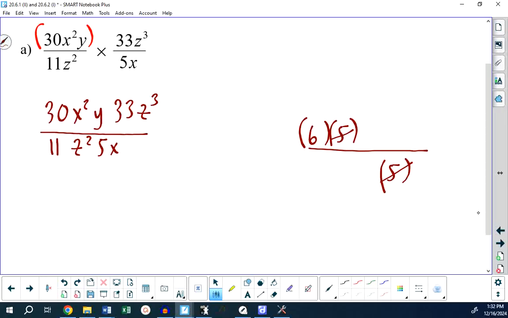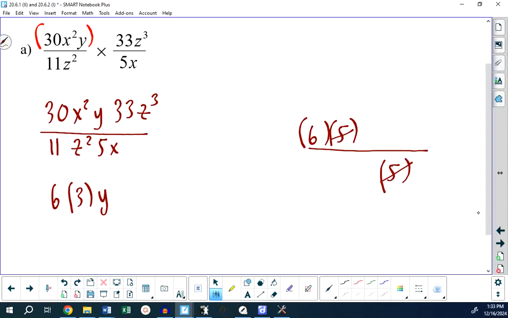You know it's going to be leaving you with 6. Similarly, I think you know that 33 over 11 is going to give you 3 because 33 is 3 times 11. Now, with the rest of it, let's talk about the y's. Well, you only have y on the top. You don't have any factors of y on the bottom to cancel.